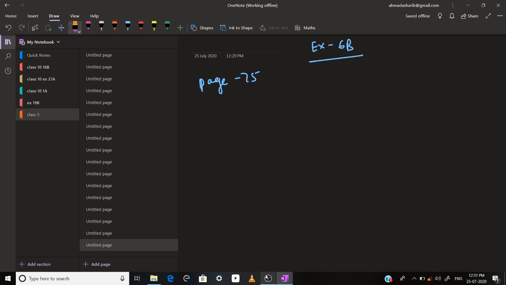The numbers which have been crossed are not prime numbers. The numbers which are not prime numbers, or the numbers which have been crossed, are called composite numbers.